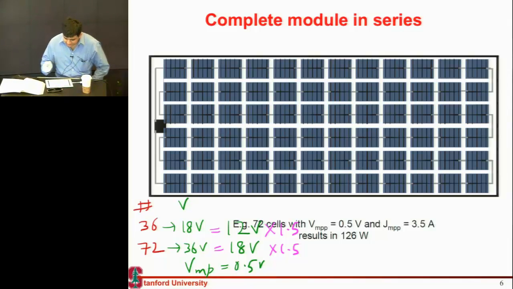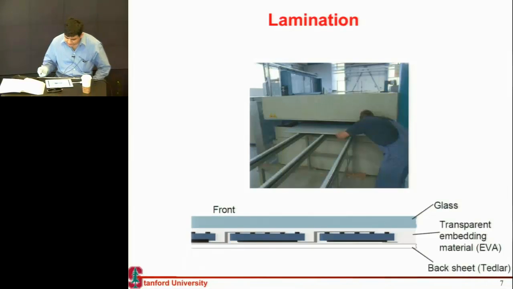So once you have done this connection, the next thing to do is to laminate or encapsulate these panels. So that is done next. The way this is done is you have these cells, and you lay them out on a back sheet, which is typically made of a reflecting material, so that the diffusive components shining on this sheet can still be captured by this module.